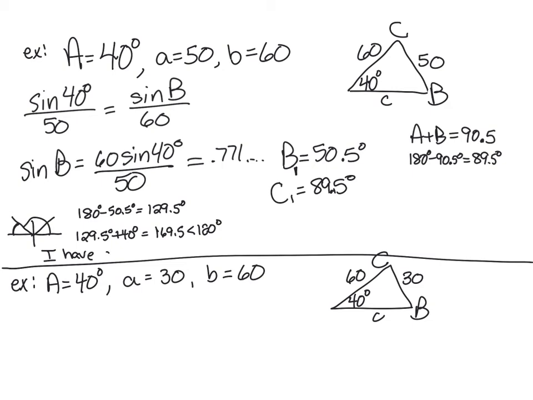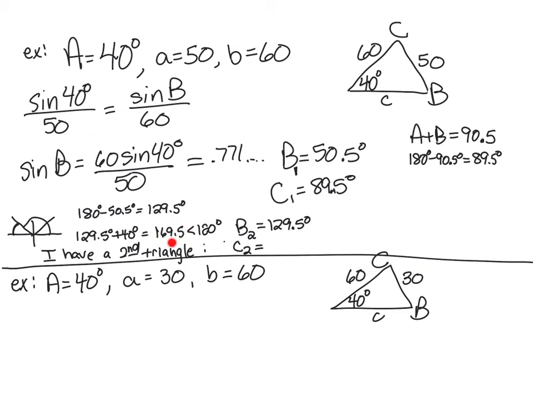I have a second triangle. B2 is 129.5. C2, 129.5 and 40 is 169.5.